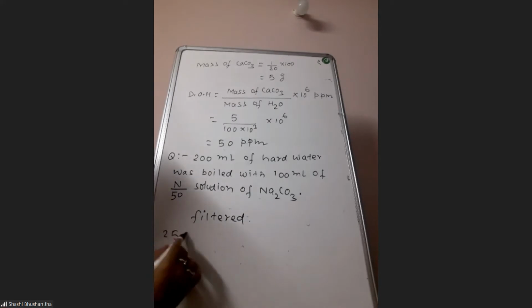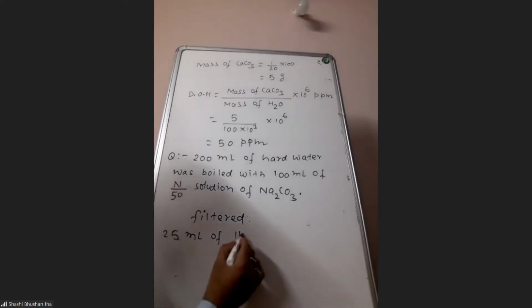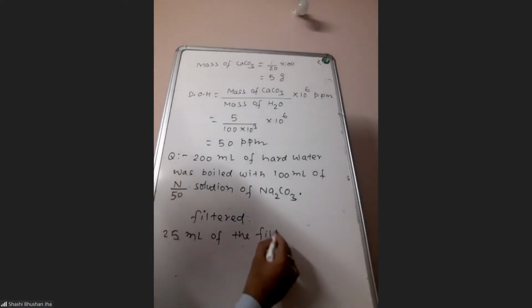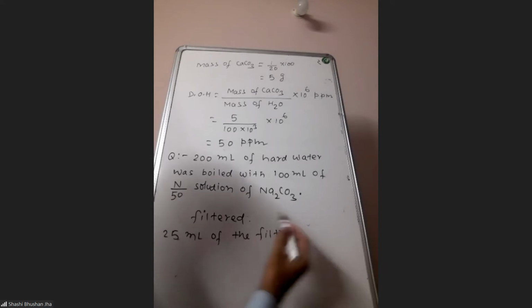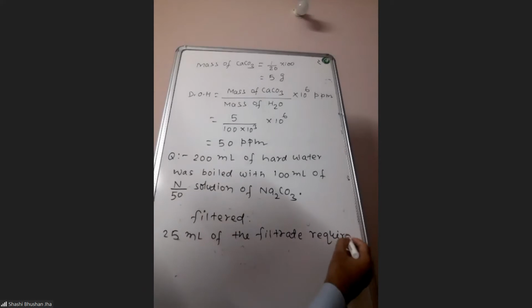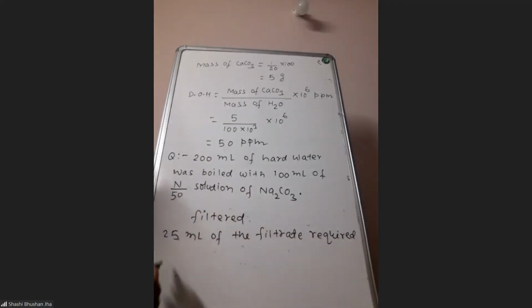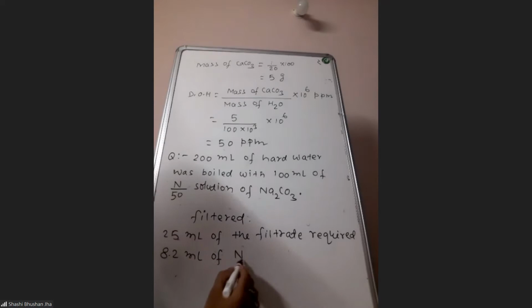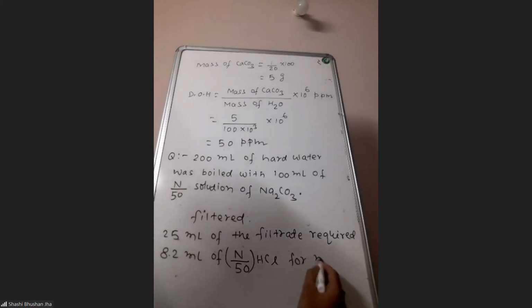25 milliliter of the filtrate required 8.2 milliliter of N/50 hydrochloric acid for neutralization.